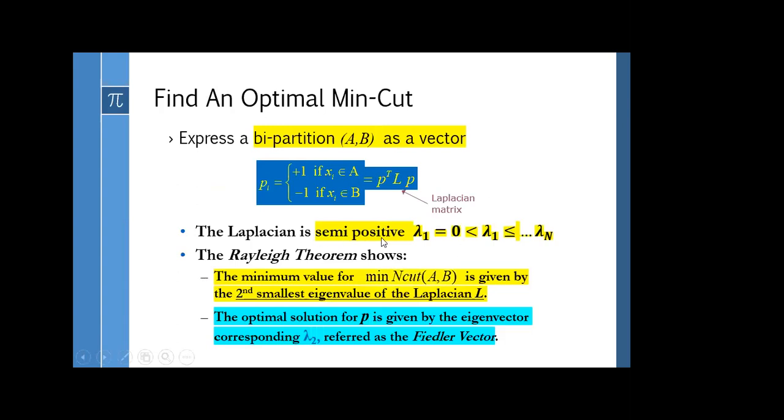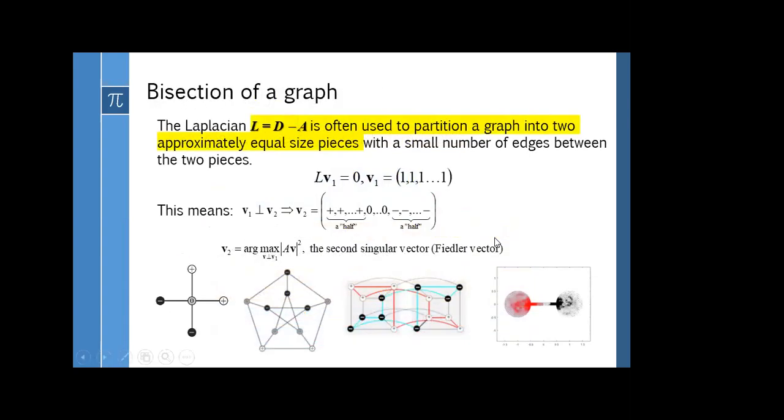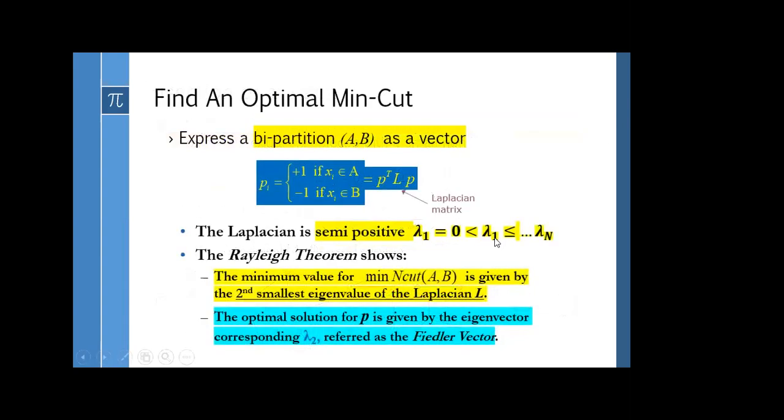The Laplacian is semi-positive, so I have the major eigenvalue 0. All others are greater or equal. Lambda 2 is positive, and there is a gap between 0 and lambda 2.